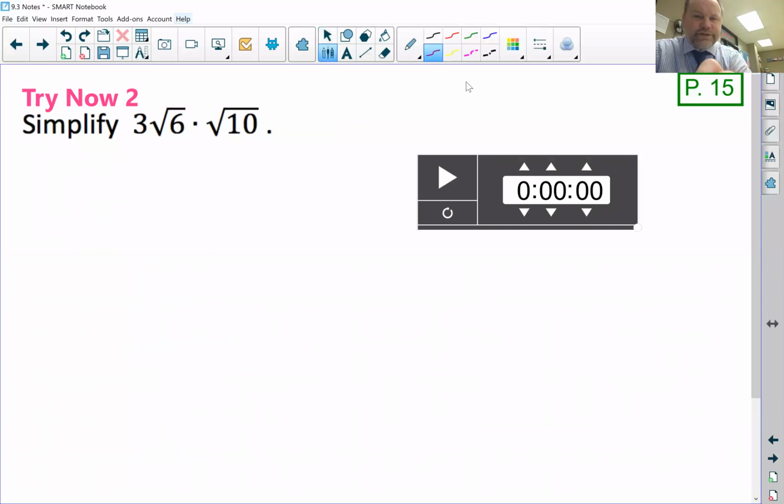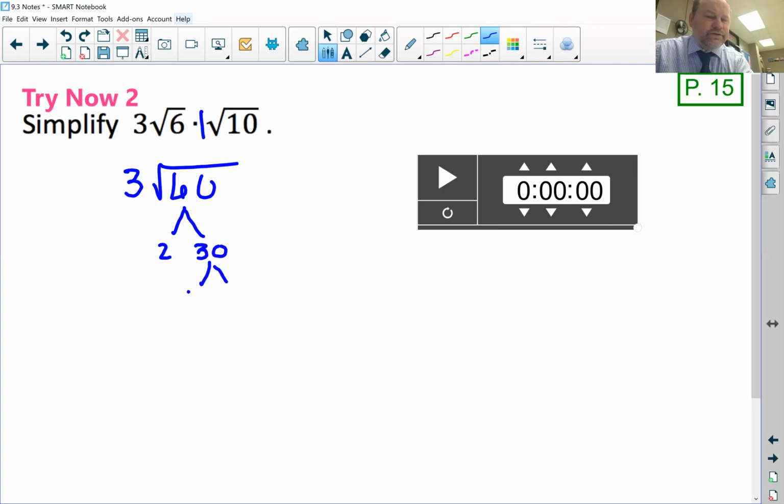All right, so let's take a look at this one. Again, there's a 3 out front, and it's kind of like there's a 1 in front of the root 10. So I'm going to multiply 3 times 1, and 6 times 10 is 60. I'll just use the tree method for this one, although you can use either. 2 and 30, 2 and 15, and 15 would be 3 and 5.